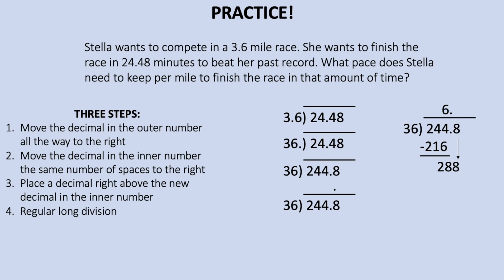And when you multiply 30 times 8, you get 240, which is pretty close to 288, and you still have to add the 6 times 8 in that multiplication problem. So I'm going to try 8 and see what happens. So when you put 8 on top and you multiply that by 36, you get 288. And when you subtract 288 from 288, you get 0. So you know that your answer will be 6.8.